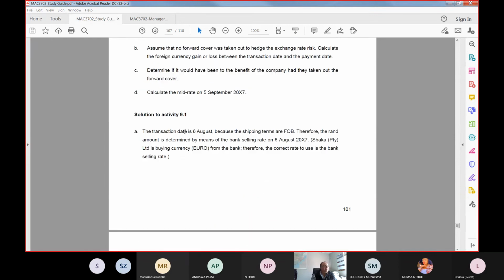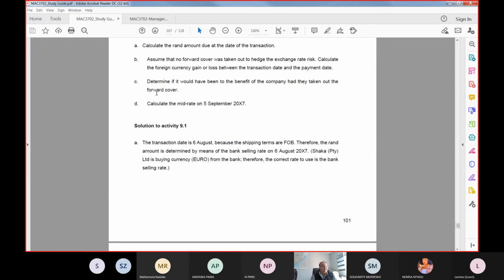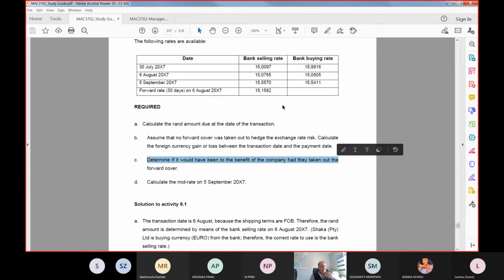C. Determine what would have been the benefit if they take an FEC. So just look at what happens here. The FEC they decide to take is at 15.1582. You see that? FEC from the 1st of August, 15.1582. So that is the rate they're paying.